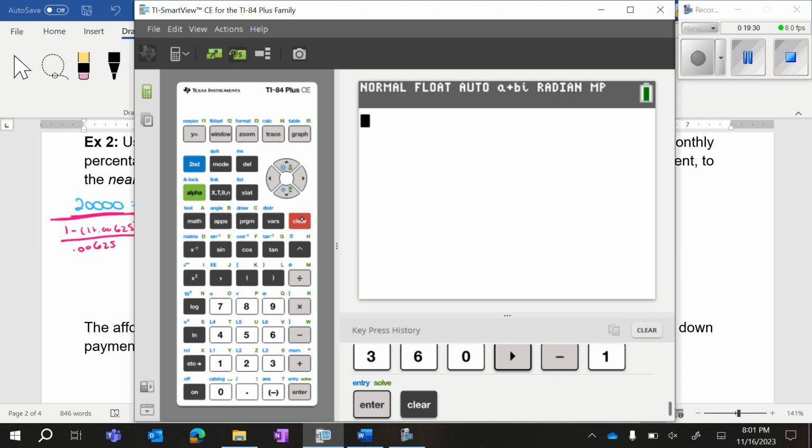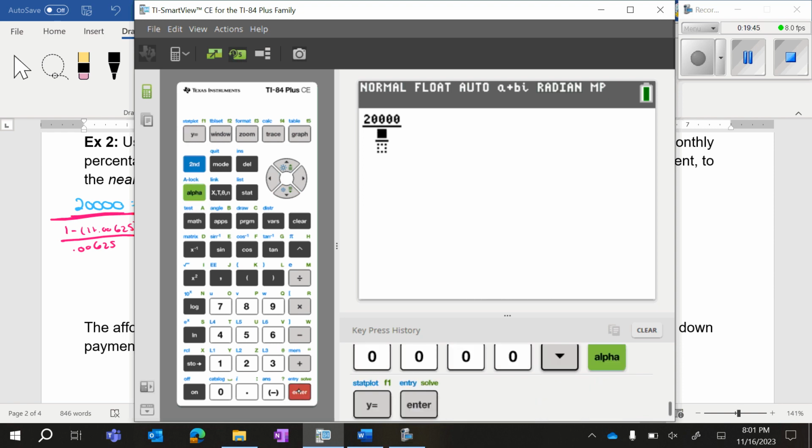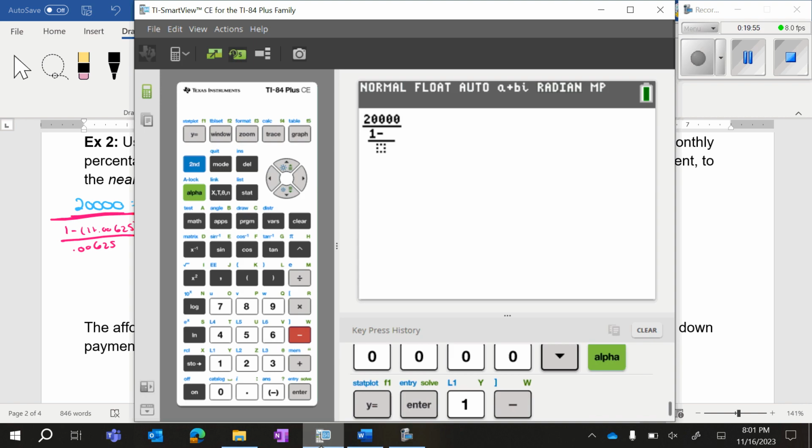Any other way won't get this done properly. You have 1 minus 1 plus 0.00625 to the negative 60 over 0.00625, and I'm going to double check my work. I think I'm right.